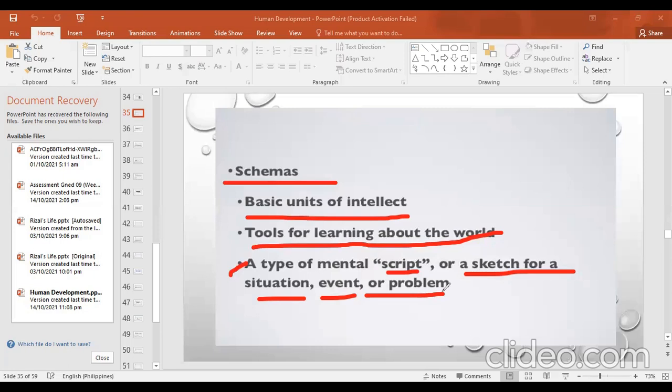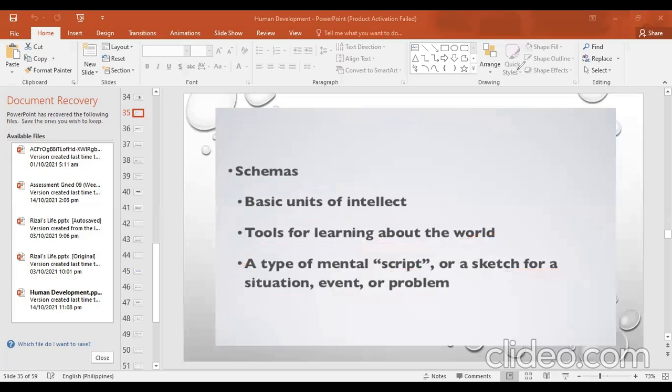So nagkaroon ka na tuloy ng schema of a dog na yung dog ay may four legs, halimbawa, mabalahibo, nagbabark siya, at ganito yung sound niya. That is what we call as schema, yung pattern. Okay? Pattern ng knowledge.